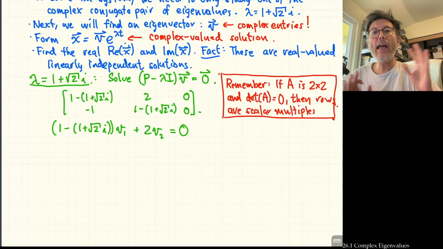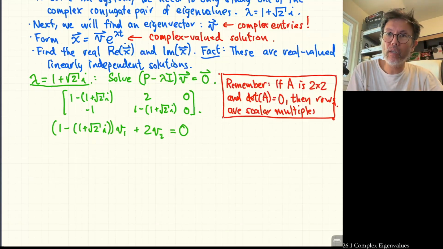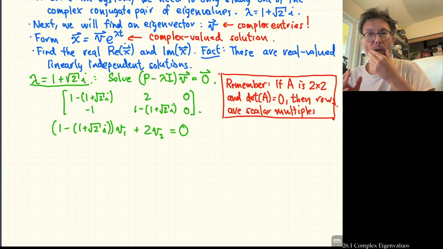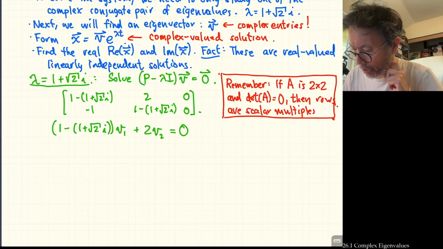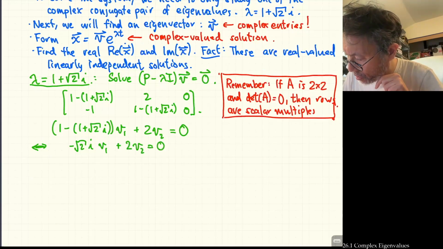Any V1 and V2 which satisfy this equation, which is non-zero, will be an eigenvector of my matrix P. So in particular, this equation is equivalent to, just simplifying now, negative square root of 2 times i times V1 plus 2V2 is equal to 0.